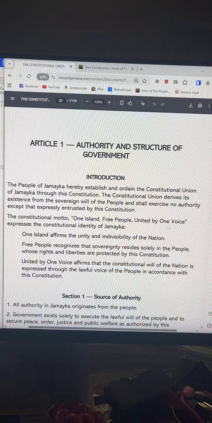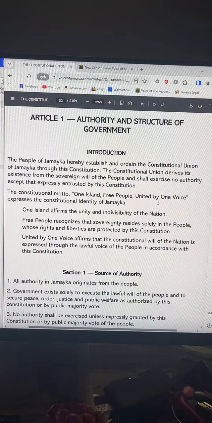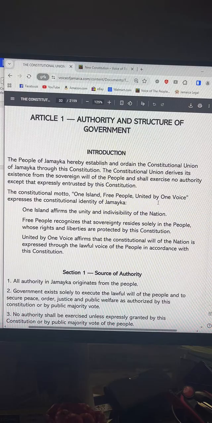So if we're going to put together a structure and a system, like we talked about before, we don't want a system where we don't know what is happening, we don't know how things are supposed to be going, we don't know what steps we need to take to do certain things.